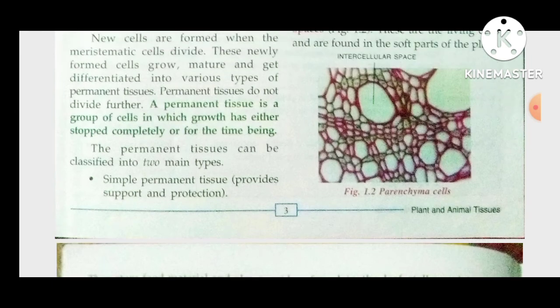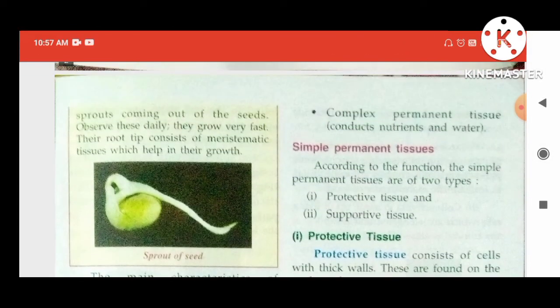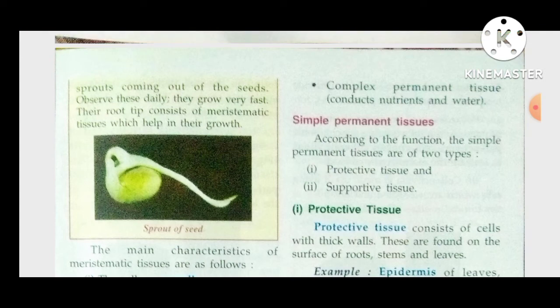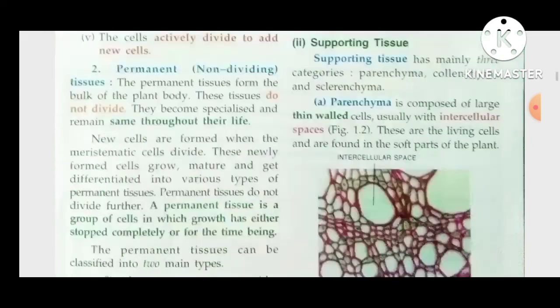Simple permanent tissue provides support and protection, and complex permanent tissue conducts nutrients, water and minerals. So there are two types of permanent tissue: simple permanent tissue and complex permanent tissue. Complex permanent tissue transports water and minerals, and simple permanent tissue provides support and protection to the plant.